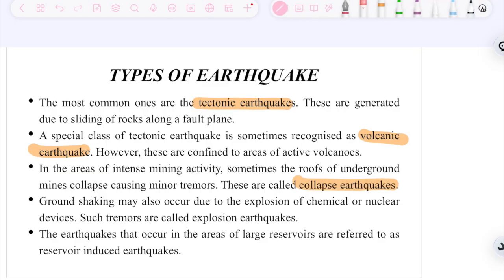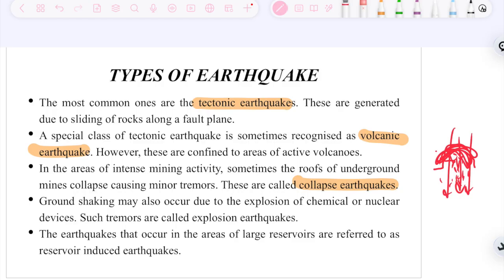Now, for example, this is a mine. Alright, we are mining. The mine becomes so weak that the underground mine roof itself collapses. Now when this huge portion of earth collapses, it is called a collapse earthquake because it causes minor tremors.